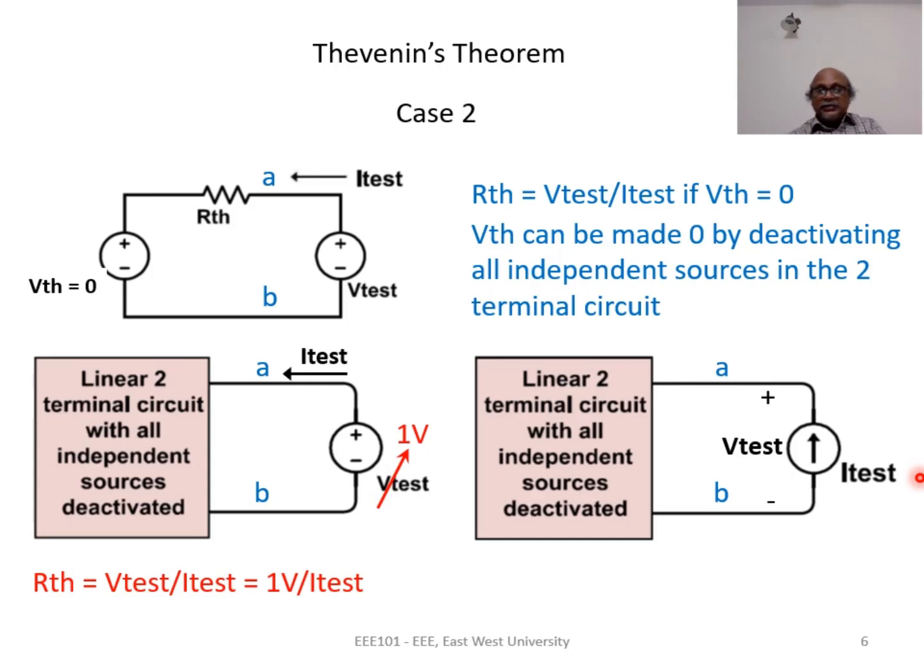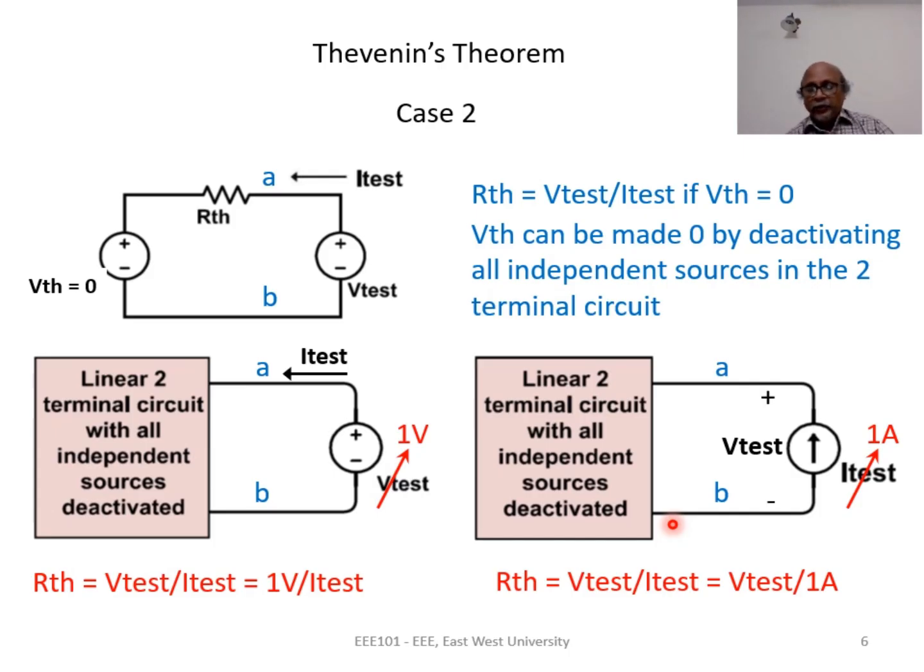But for simplicity, we choose Itest to be 1 ampere. So for this 1 ampere test current source, we will find the value of the voltage Vtest. And once Vtest is determined, as in the previous procedure, RTH is Vtest divided by Itest, which is Vtest over 1 ampere.